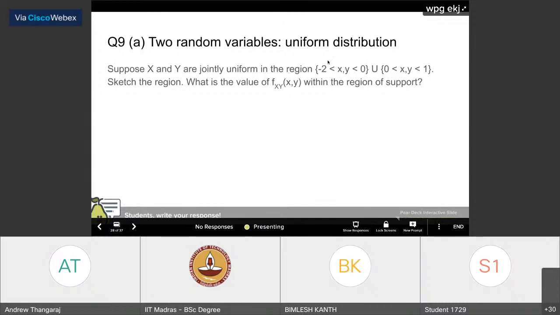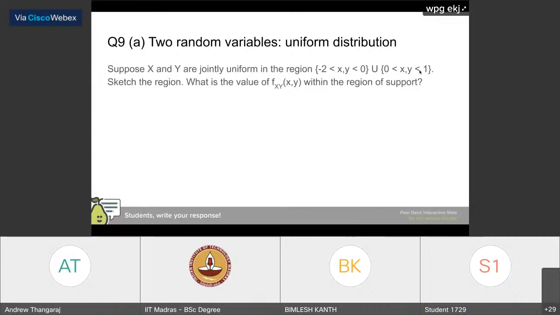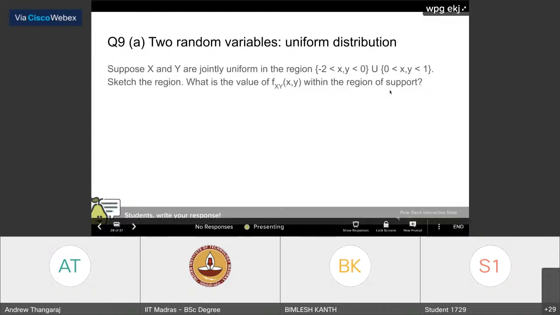The region is x between -2 and 0, y between -2 and 0, and it's a union with x between 0 and 1, y between 0 and 1. It's the union of two squares. One is from -2 to 0, the other is from 0 to 1. I want you to sketch the region and find the value of the joint PDF in the region.